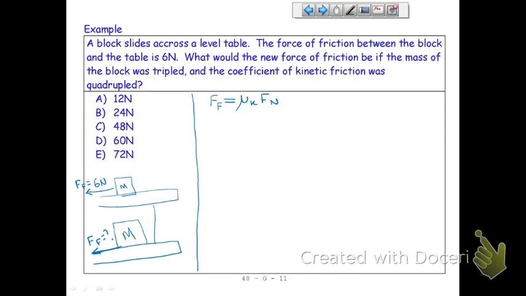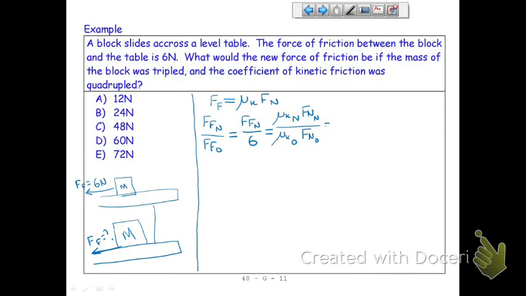And it's a ratio, so I can say my FF new over my FF old is equal to, and I know FF old, FF new over 6. That equals mu k new Fn new over mu k old Fn old.